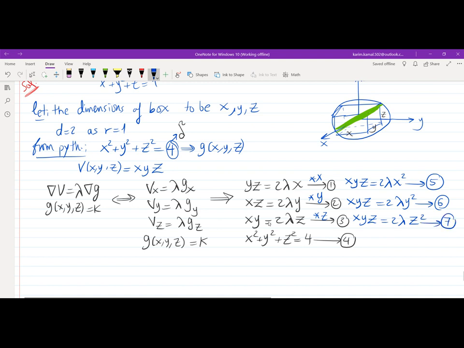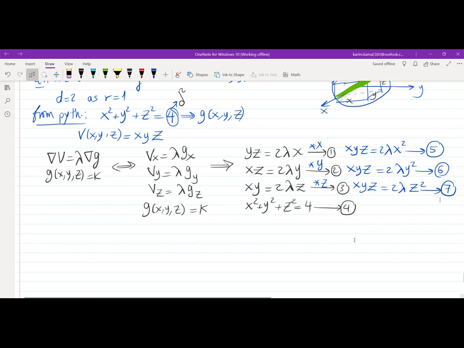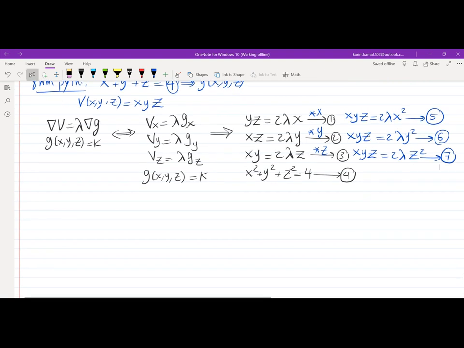It is clear now that we have x y z, x y z, x y z, so they are all equal. From equation number 5, 6 and 7 one can see that they are equal, and we know that lambda can't be equal to 0.